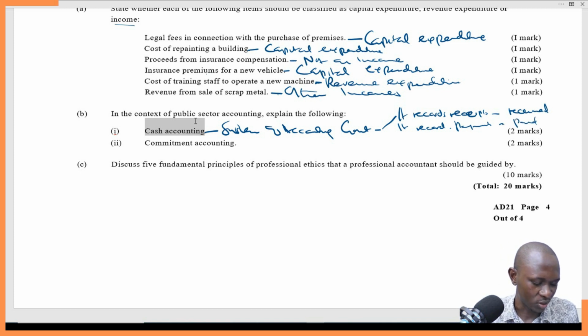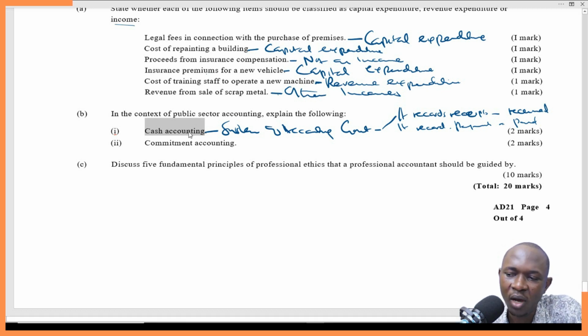So receipts are recorded when they are actually received. Payments are recorded when they are actually paid. So it captures the receipts and payments as and when they occur. That is the cash system of accounting.